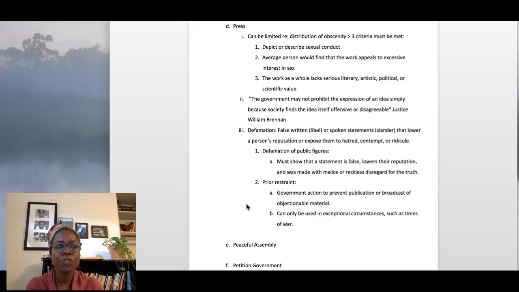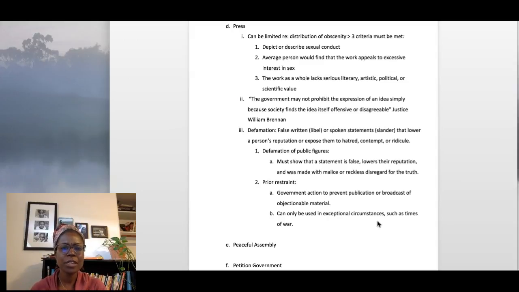And in order for the government to do that, because freedom of the press is so important, the courts have ruled that government can only prevent this if there are exceptional circumstances, such as times of war, and the government can prove that this material will be detrimental not only to individuals but to the entire country.